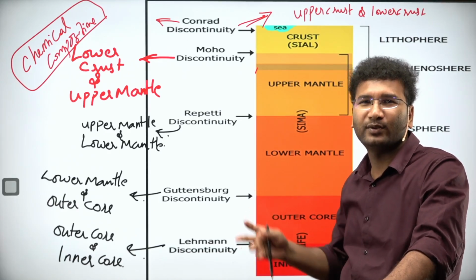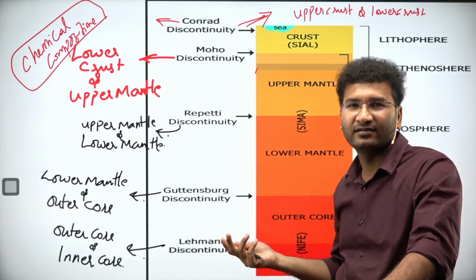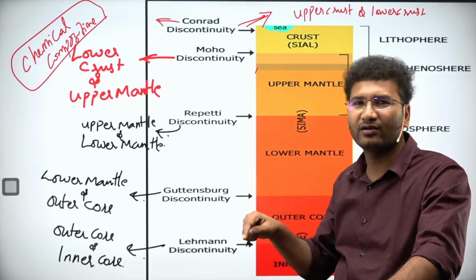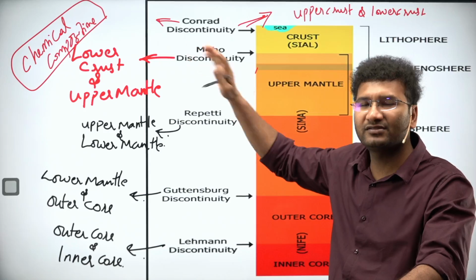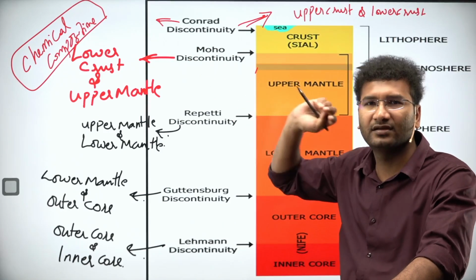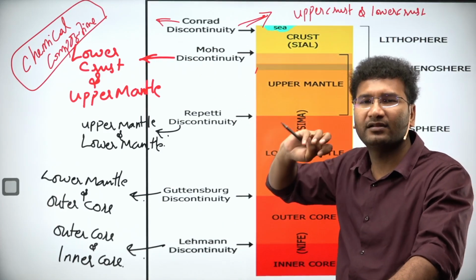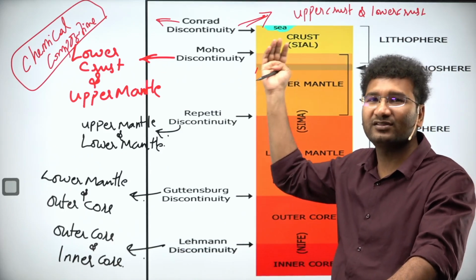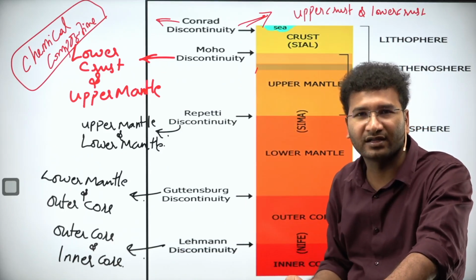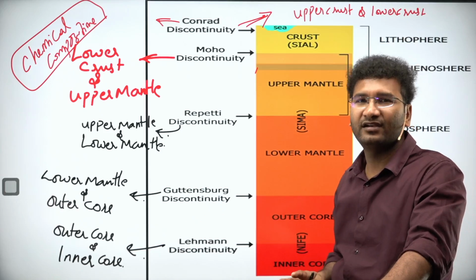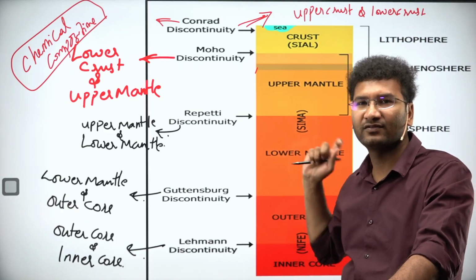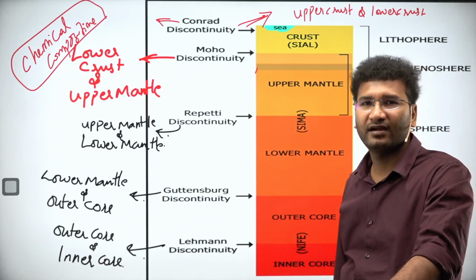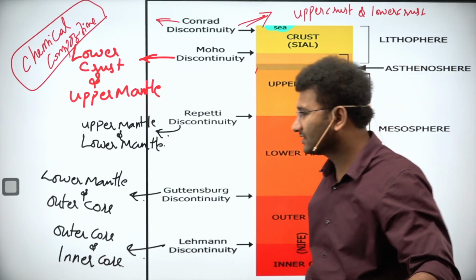The examiner will not ask about a discontinuity at the asthenosphere. So as soon as you find the words lithosphere or asthenosphere, you mark it wrong, because these discontinuities are based on upper crust, lower crust, upper mantle, intermediate mantle, lower mantle, outer core, inner core. Not like a discontinuity between lithosphere and asthenosphere. No one has identified those kinds of discontinuities on the basis of mechanical composition, right? Though these things are not there in the NCERT, I have tried to tell you all of these things.